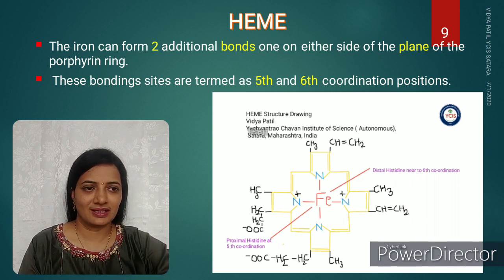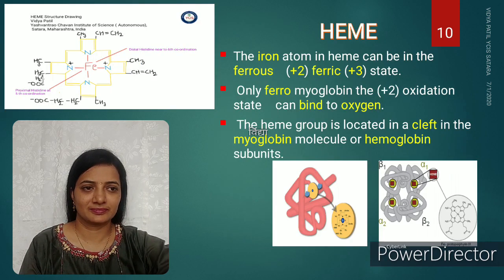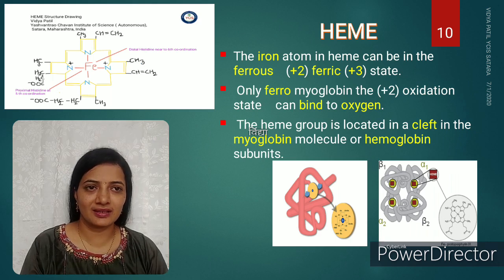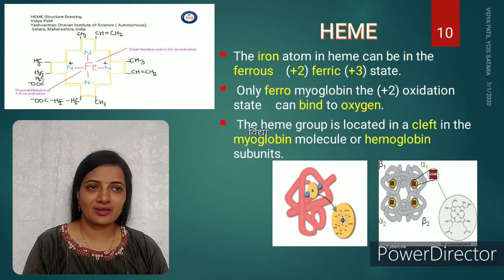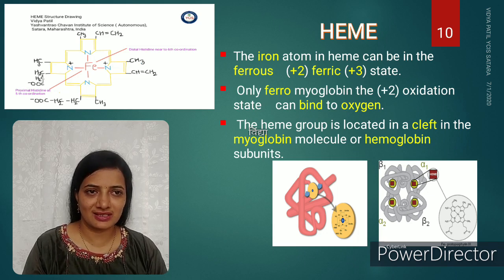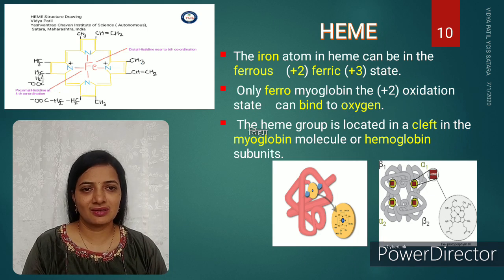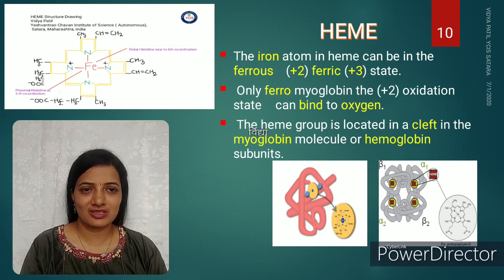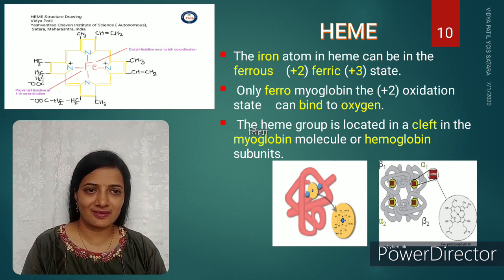Then the iron atom can be in the ferrous, meaning +2, or ferric, meaning +3 state. Only ferromyoglobin, meaning the iron atom in the +2 oxidation state, can bind with oxygen. That means for the function it is essential. And the heme group is located in a cleft of the myoglobin and hemoglobin.